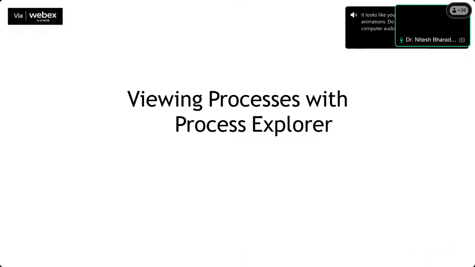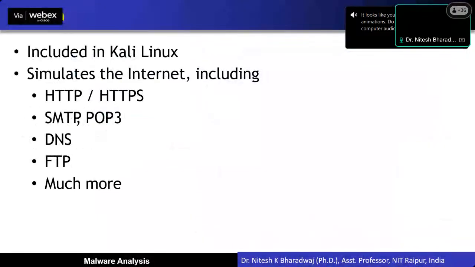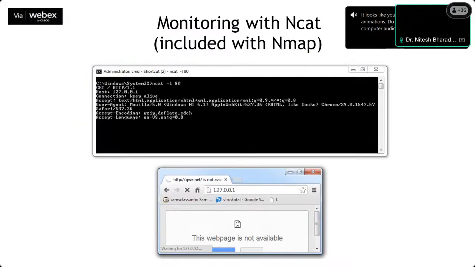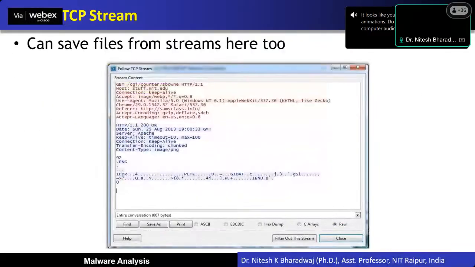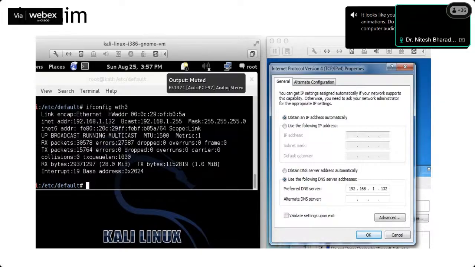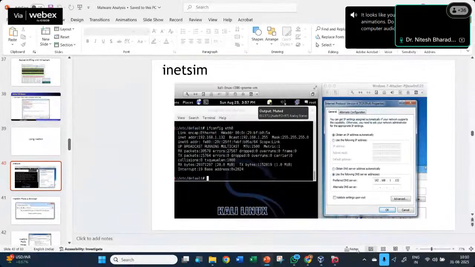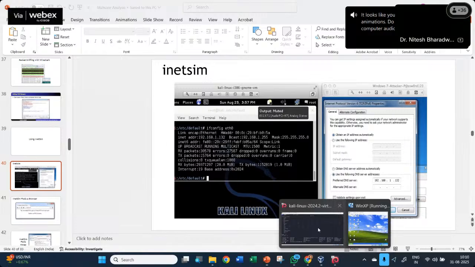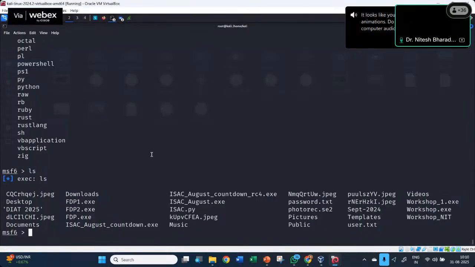So we'll see the things. These are some process tools, Process Explorer. This is the net sim. So what I'll do, I'll just check the IP first. iNetSim is already installed in it, and iNetSim works as a fake internet provider in VirtualBox.